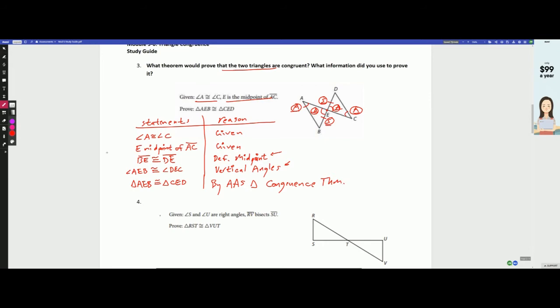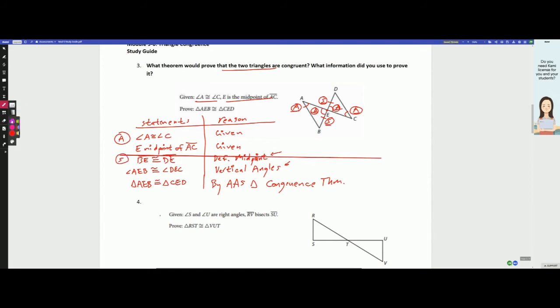There we go. Okay, so that's actually the theorem that I think the original question was asking, but notice the proof just kind of articulates it. So again, we get an angle from what was given. We have a pair of sides from the midpoint. Okay, sorry, that belongs one step lower.